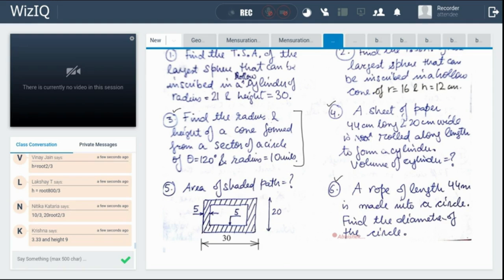It is 20 root 2 by 3 indeed, which is root 800 by 3. So Nitika and Lakshya have got it right. Vinay, your answer is not correct. Anubhav, yours is correct. Krishna, you should check your height, please. Your radius is correct.